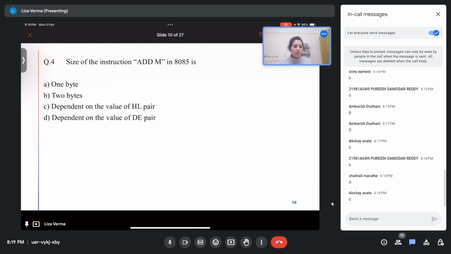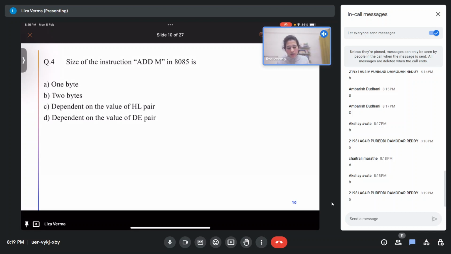Two people are saying B. Okay, so the answer is A. The instruction size is 1 byte only.